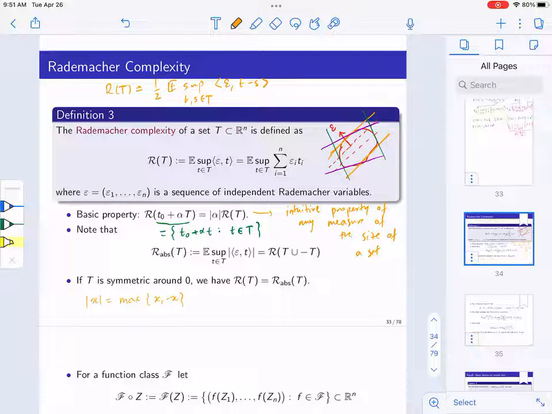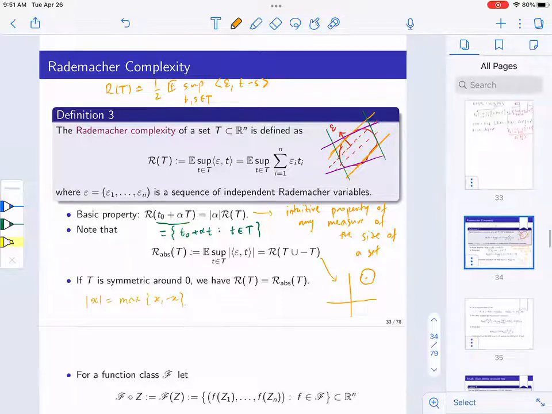So you can see this is not symmetric. There's a bit of a problem here. If you have some set here, small, but not centered around the origin, and I take the Rademacher complexity, I measure the width of this set because I can just move it around, it doesn't matter.